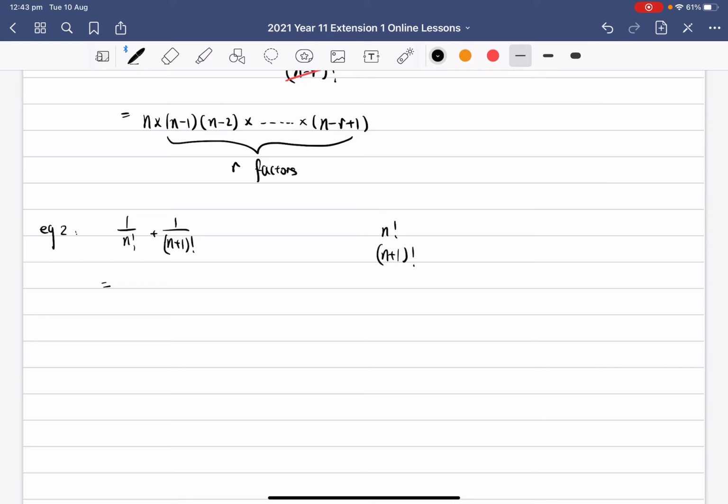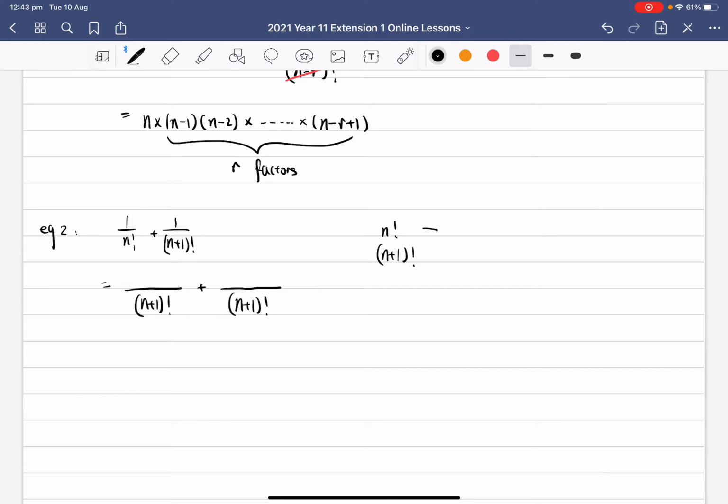They're almost identical. They only differ by a term. So you need to use the method of making the common denominator. Usually you make the larger one the common denominator, so you keep the n plus 1 factorial first, and this one you change into n plus 1 factorial as well.